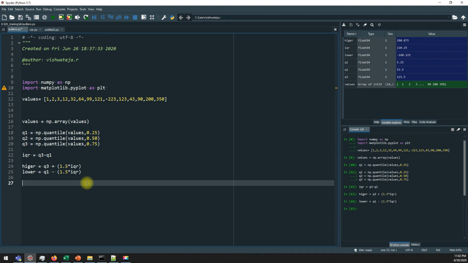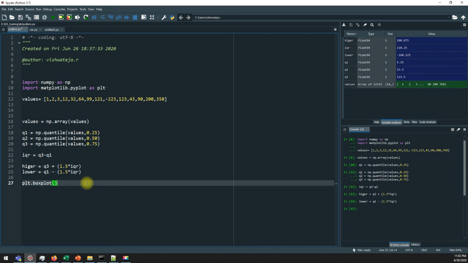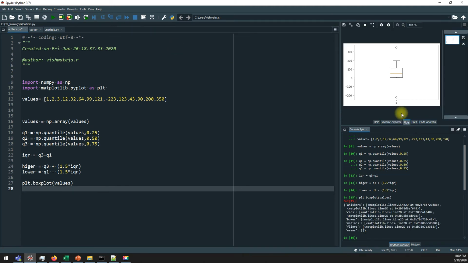All right. So plot box plot of my values. We can see in the plot here, there are two values.